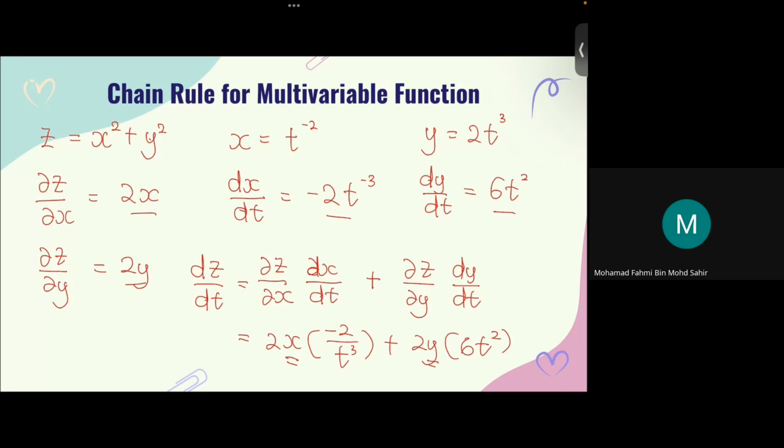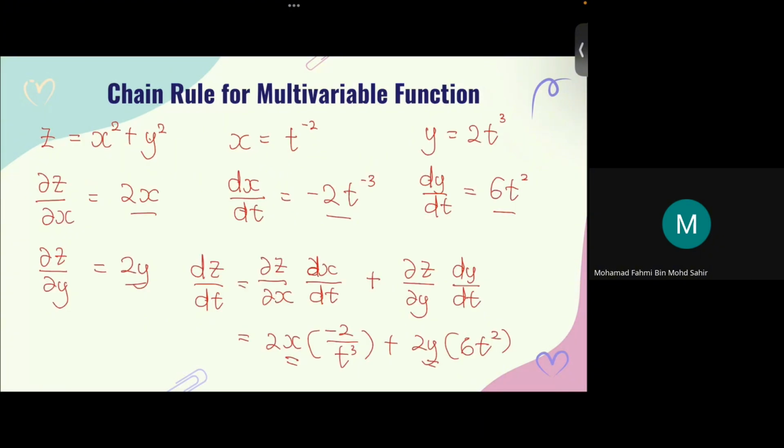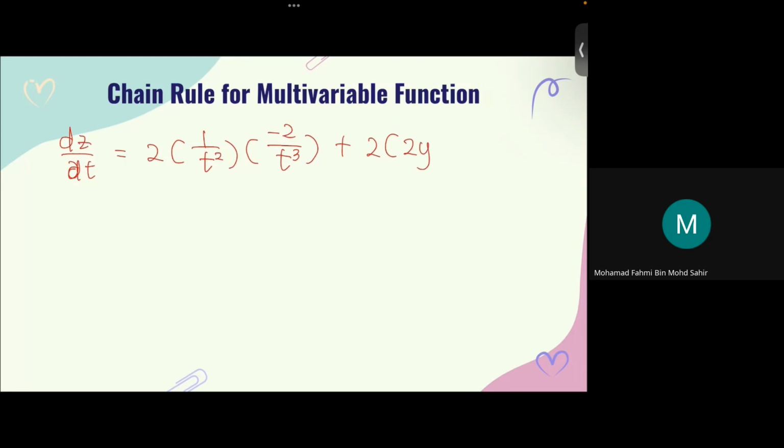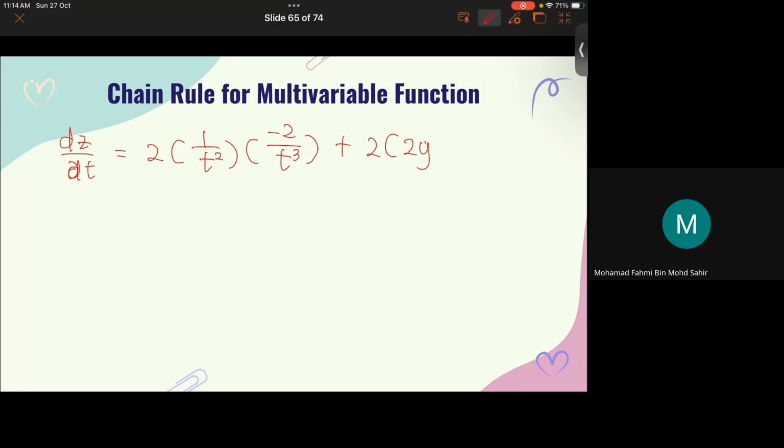So you have dz/dt equals 2x, where x is 1 over t squared, times negative 2 over t to the power 3, plus 2y, where y is 2t cubed, times 6t squared.